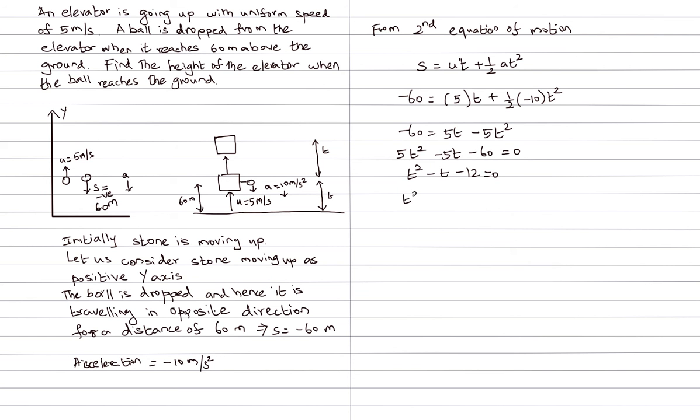So t square minus 4 into 3 is minus 12. So minus 4t plus 3t minus 12 equal to 0. So t, you can take it out, t minus 4 plus 3, t minus 4 equal to 0. That means t minus 4 into t plus 3 equal to 0. So this implies t is equal to 4 or t is equal to minus 3.